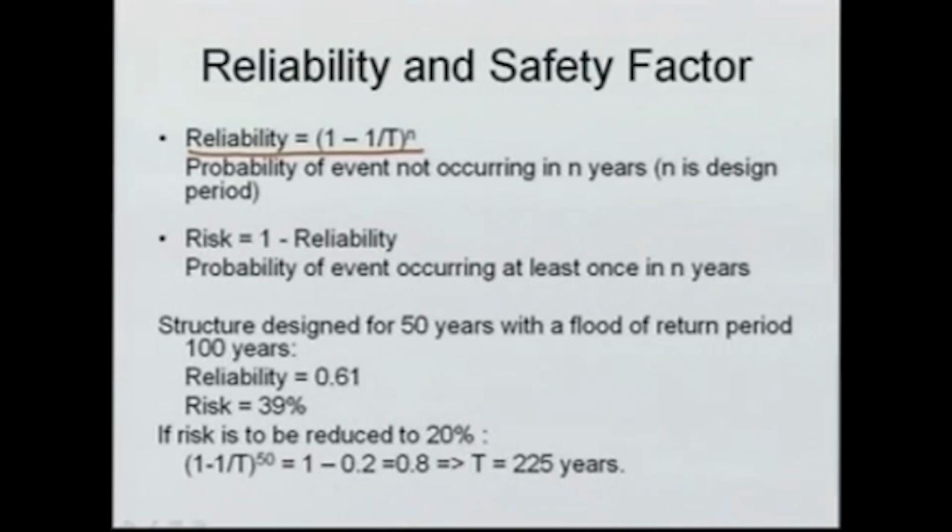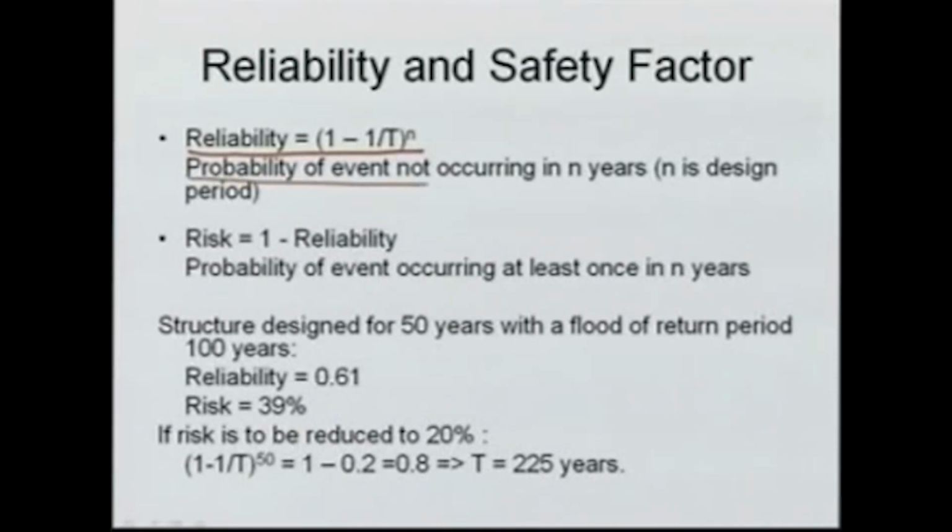Suppose we design a structure with a useful life of 50 years and we design it for a 100-year flood, what will be its reliability, or what is the chance that it will not fail in the next 50 years? That is what we call the reliability, the probability of the event not occurring in n years, where n is the design period.